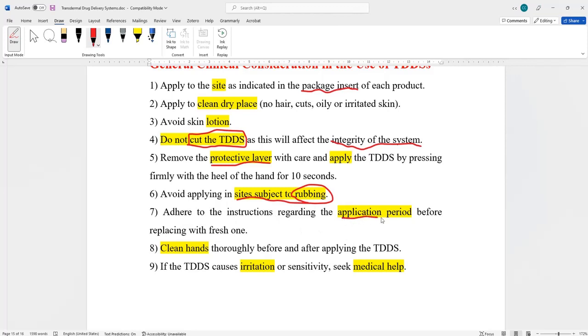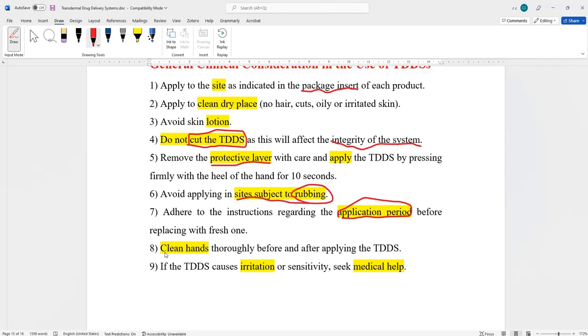You should stick to the application period, and when it's done, you need to replace the transdermal patch. For example, nicotine is used 16 hours, nitroglycerin 12 to 14 hours. You have to stick to that.